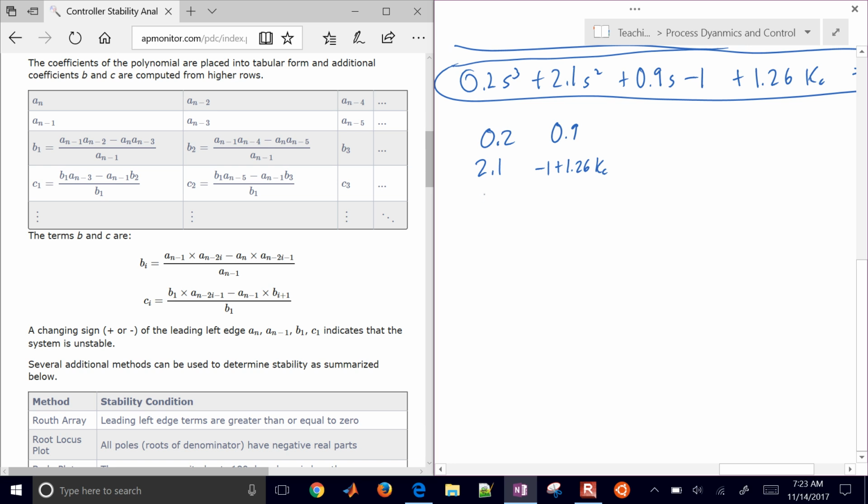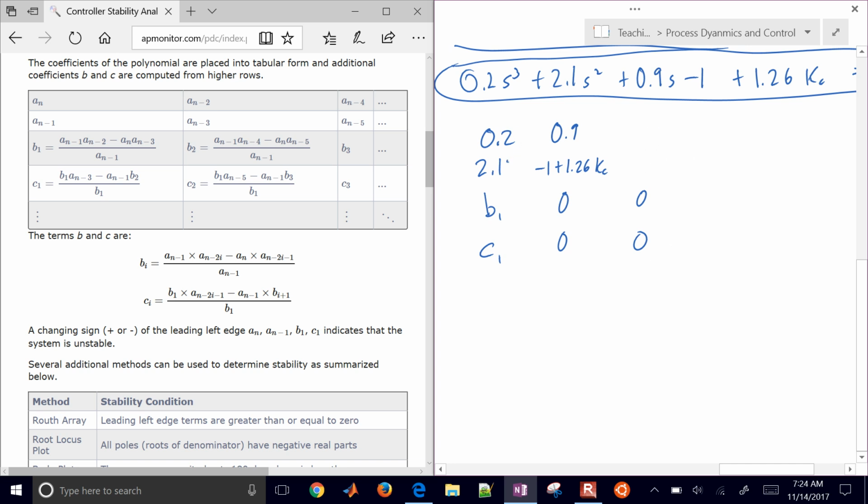Okay, let me calculate B1, and then I'll also calculate C1 as well. The others here are going to be 0. If they're not there, I'm just going to assume 0 in the upper part, and those will make zeros down below as well.